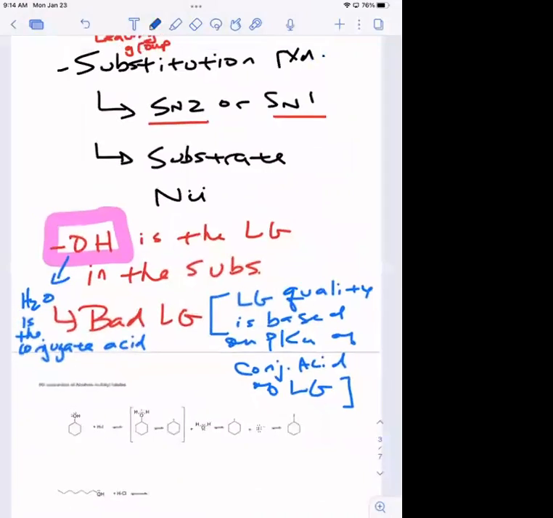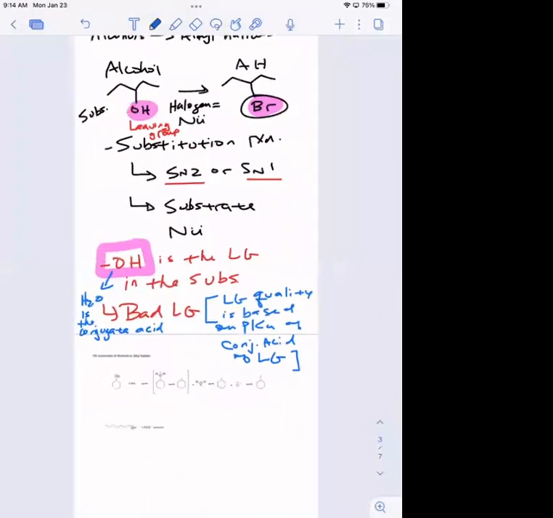So when we're doing substitution, the conjugate acid will be whatever the leaving group is plus a proton. You just add a proton to whatever that leaving group is. And that's how you know which acid to look up on that pKa list. I didn't put it in this handout because we're going to study substitution and elimination in great detail in a couple of weeks, but we did touch on it in part 1.